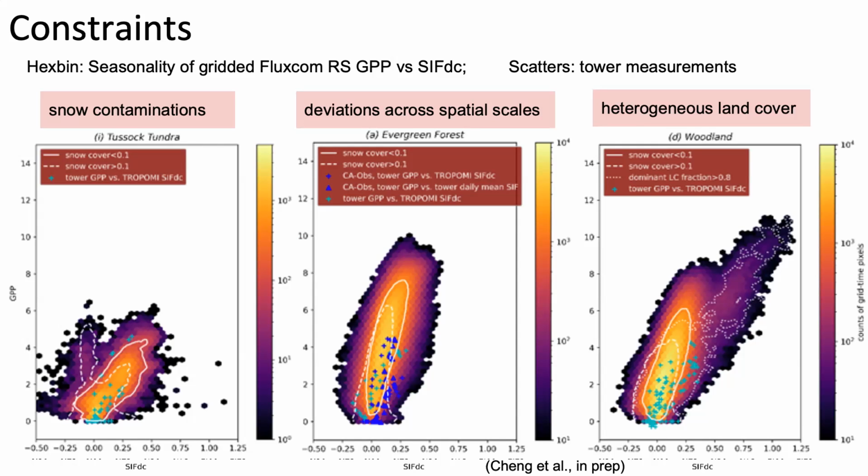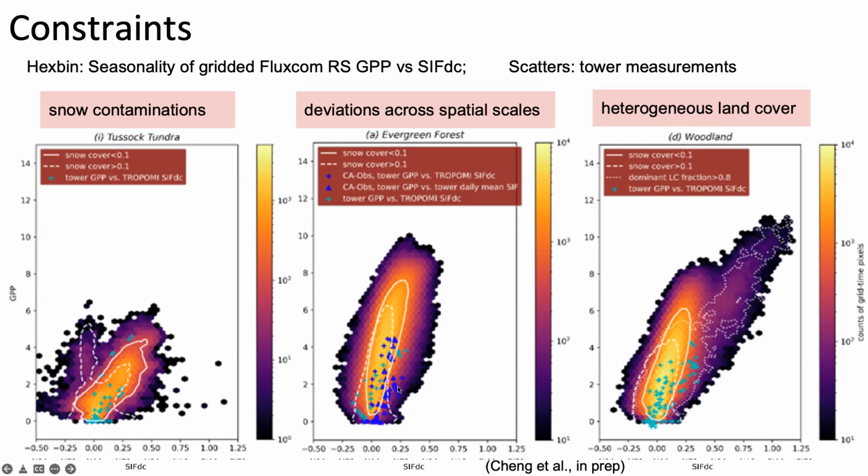That's a very unique question, and it also points to a sore point for our study. I didn't really mention the temporal coverage for our different data sets, but it's not even an apples to apples comparison. For SIF and FluxCom, we have data from 2018 to 2019, and for flux towers, the data are way behind that. We don't even have similar temporal coverage.